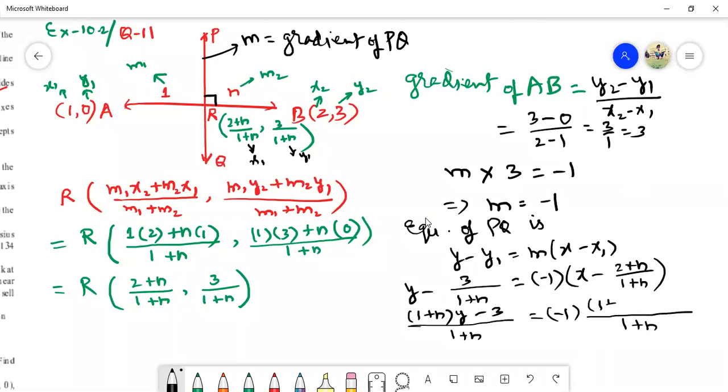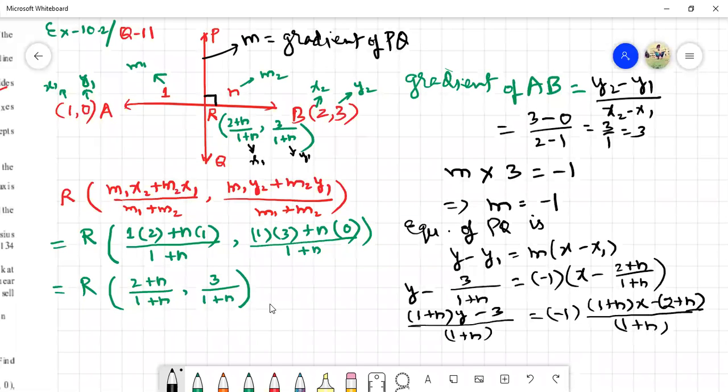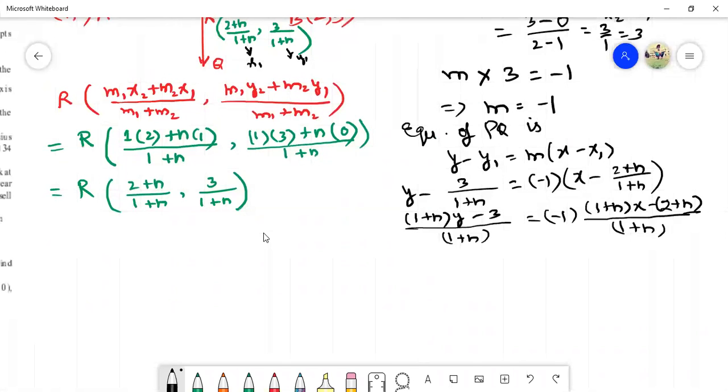So this will become 1 plus n into x minus 2, minus will multiply with minus 2 plus n, or you can put the bracket. This 1 plus n and 1 plus n will cancel.